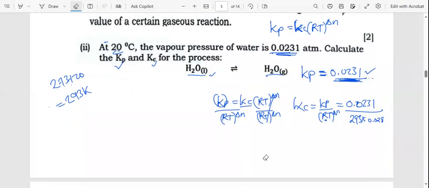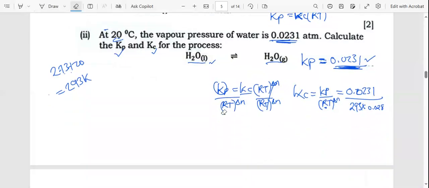Okay, let me think about it. I'm forgetting the value. Why is it like this? So let me write the expression properly now.